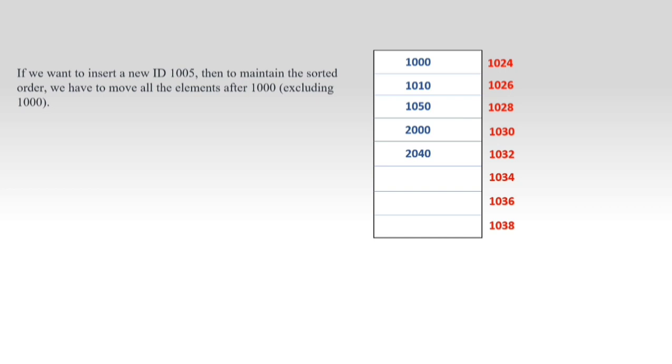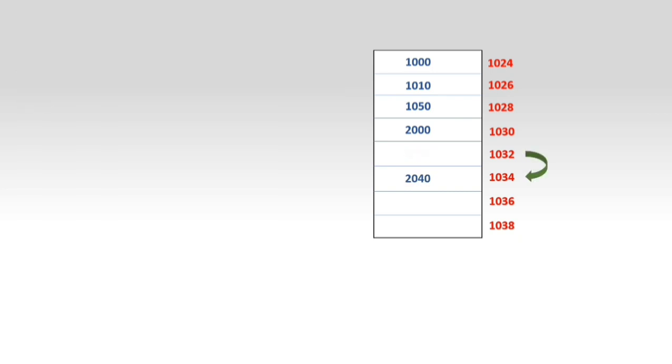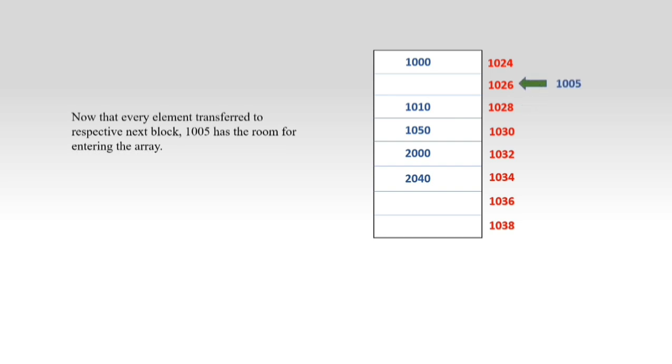To maintain the sorted order, we have to move all the elements greater than 1005 so that there is room to insert it. So 2040 is shifted to the next one, 2000 is shifted to the next one, 1050 is shifted to the next one, then 1010 is shifted to the next one, and finally 1005 will have room to be inserted into the array.